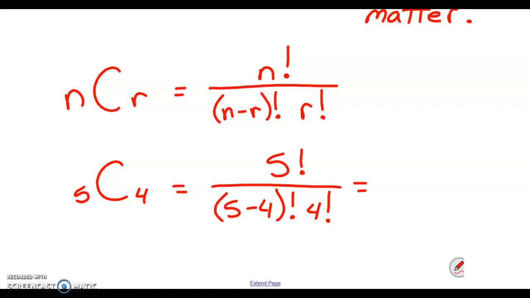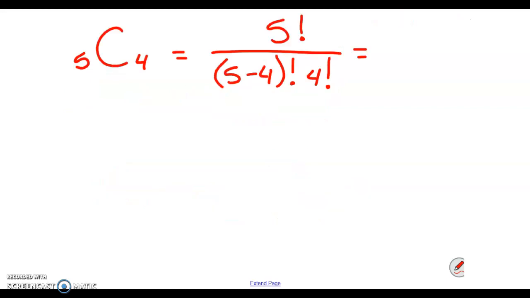Well, what is 5 minus 4 going to give us in those parentheses? 1. Okay, so right now you've got 5 factorial over 1 factorial times 4 factorial.